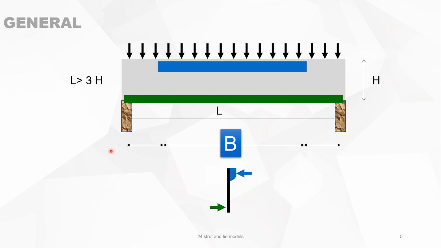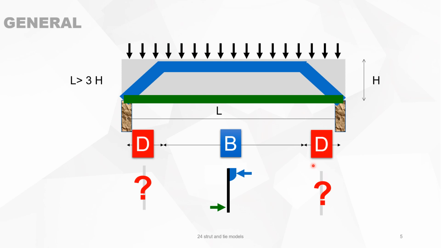But when you are in the vicinity of the supports, then the compression strut makes this movement, and we do not know anymore how is the stress distribution, and all existing concrete tables are not valid anymore. We call that the D zones or discontinuity zones.